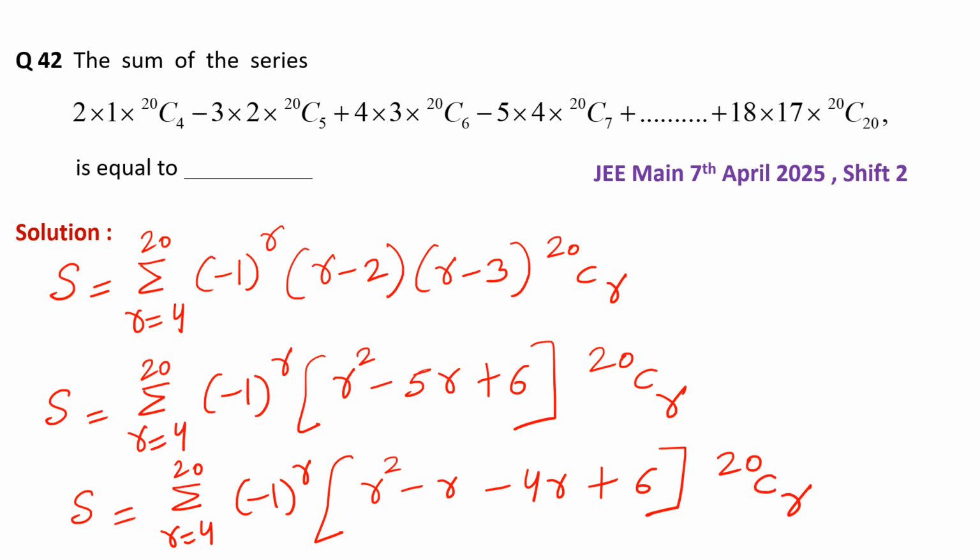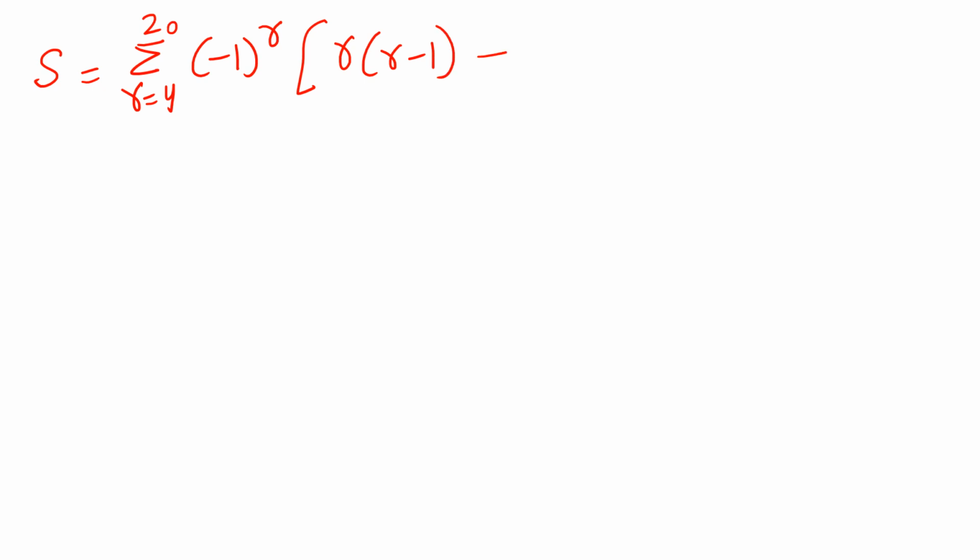Now students, r square minus r I will factorize as r into (r minus 1). Now we move further. Now students, S becomes equal to summation r varying from 4 to 20, (minus 1) to the power r into, inside the bracket, r into (r minus 1) minus 4r plus 6, bracket close, into 20Cr.